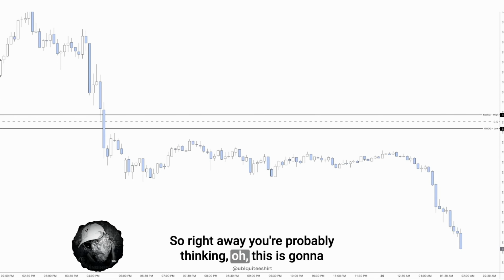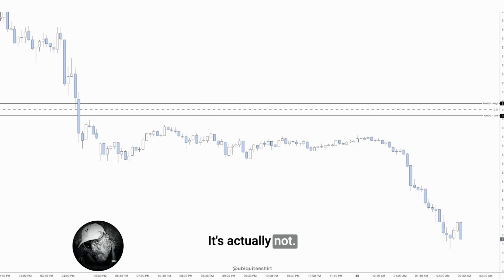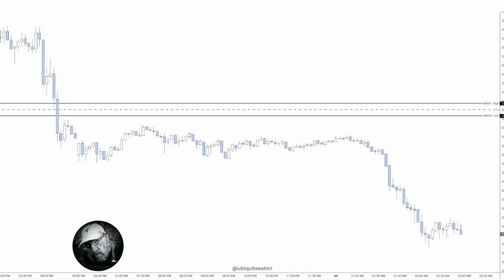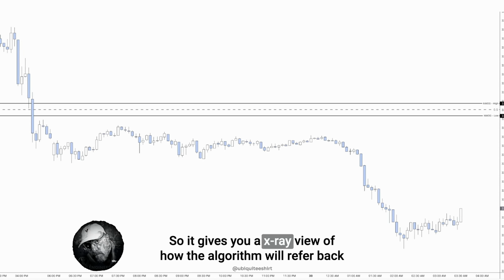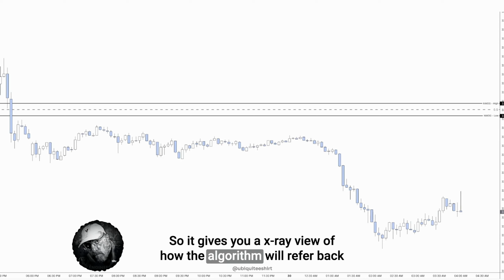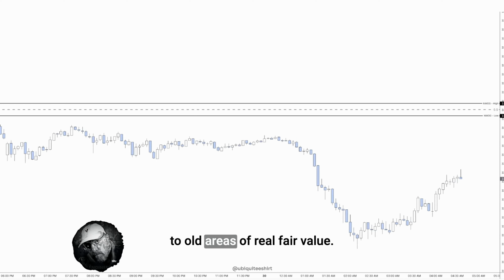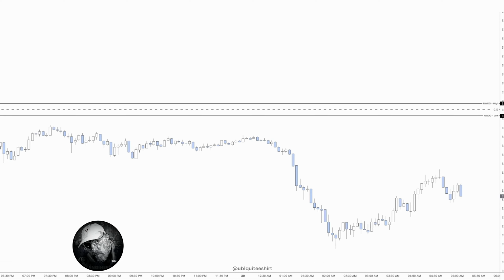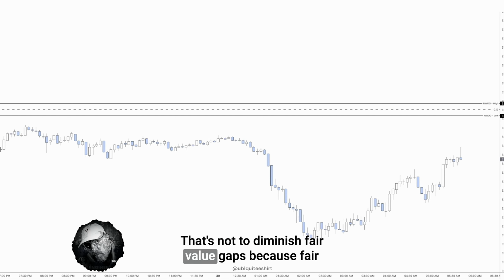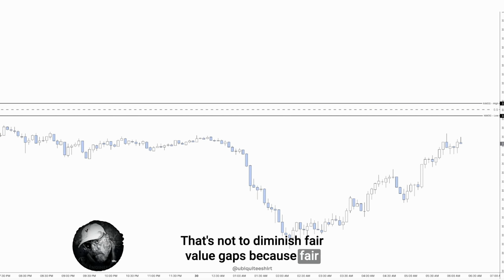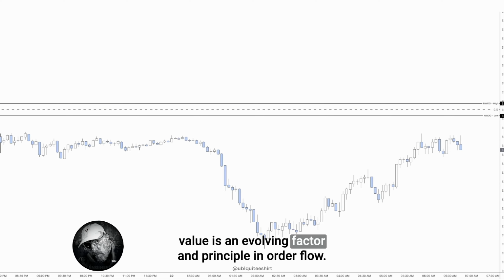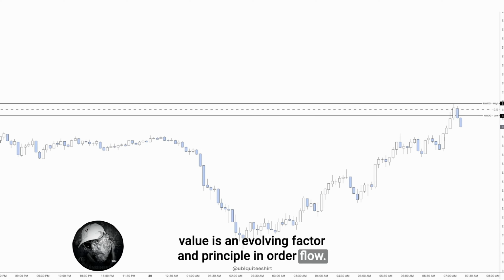So right away, you're probably thinking, oh, this is going to be a lot of stuff on my chart. It's actually not at all. It gives you an X-ray view of how the algorithm will refer back to old areas of real fair value. That's not to diminish fair value gaps, because fair value is an evolving factor and principle in order flow.